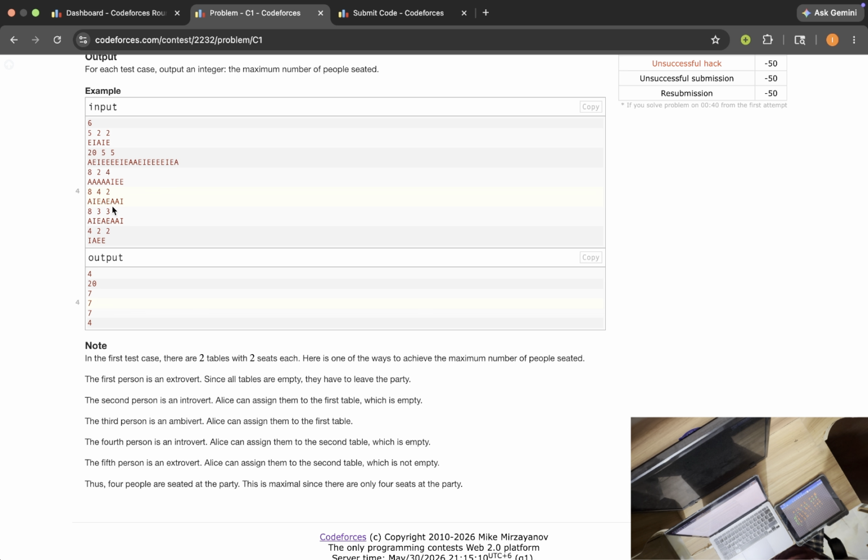Okay. How many tables do I have? I have only 4 tables. So yes, all of them are possible.